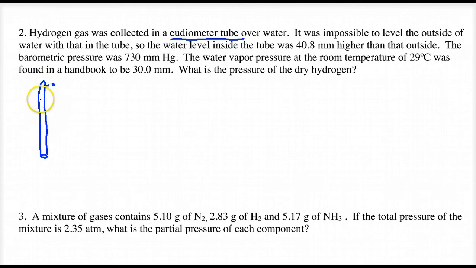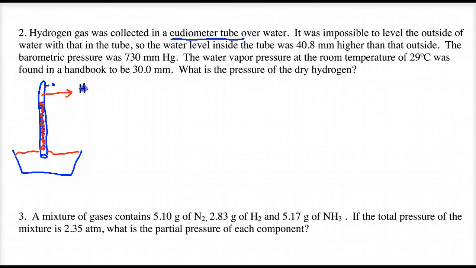It was filled with water, and we filled it entirely with water. I guess my water's red here, and my water should be red in here too. It wasn't mercury. Mercury's not red anyway. In any case, it was totally filled, so let's fill that all the way up. And then we bubbled by generating some gas in here, and we pushed some water out. And what's in here, of course, is hydrogen gas.